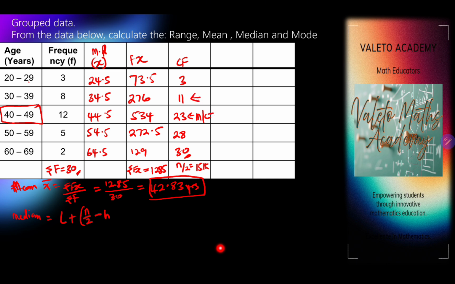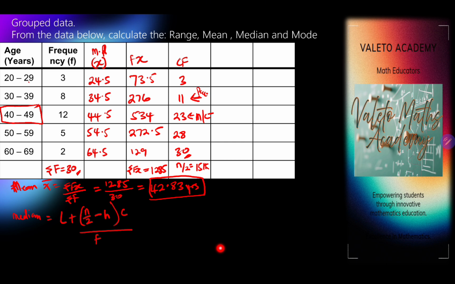This is the median class, and the cumulative frequency preceding it is this one. We denote that by H. Then we multiply all this by the class size of the median class divided by the frequency of the median class.